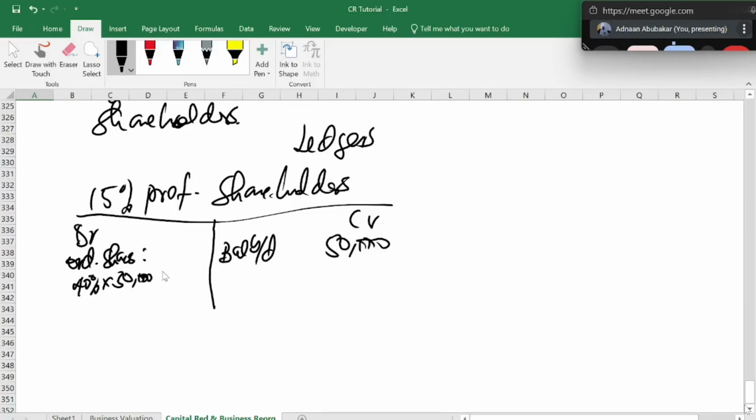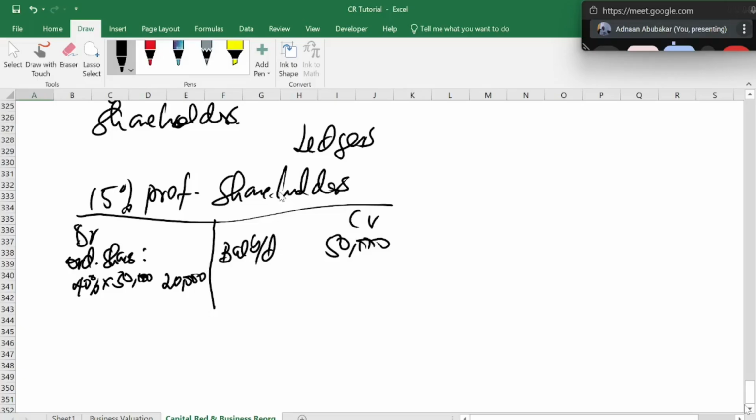It is 20,000. They are taking 40% of 50,000 to become ordinary shareholders, which is 20,000, so that will be 20,000 here.